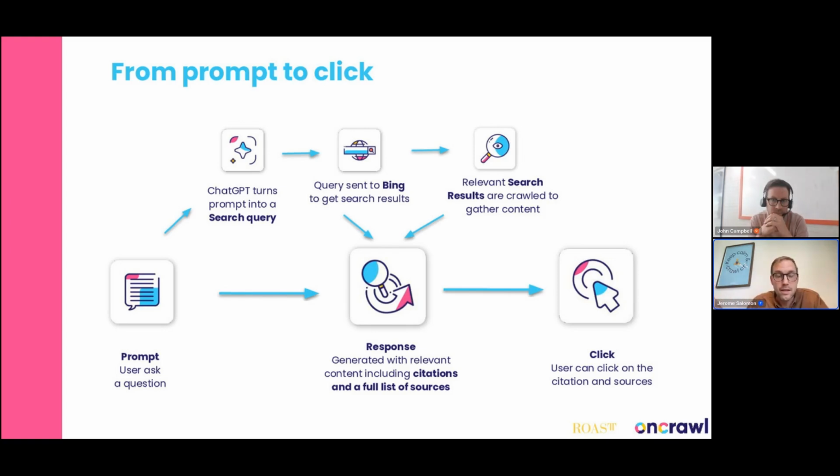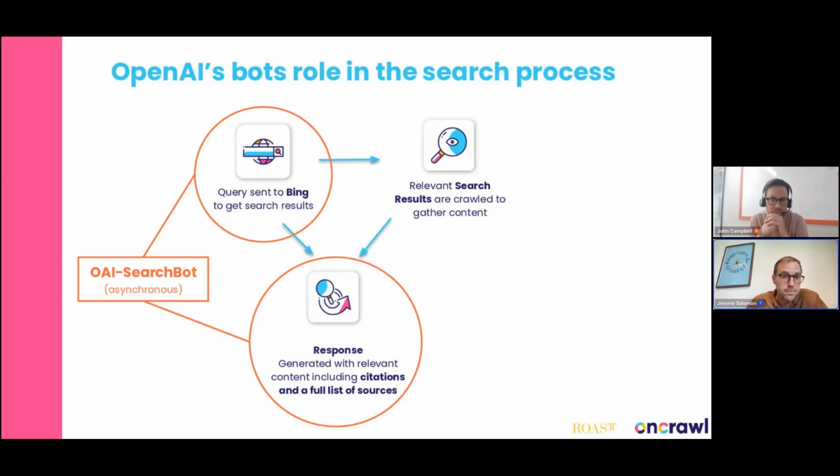At the same time, part of these search results will be crawled by ChatGPT to gather the content and write the response. It's going to include citations, but also the full list of search results. This is something we can actually leverage to see how it's working and what the actual ranking model behind it is. And on those links, you can get clicks, of course, and drive traffic.